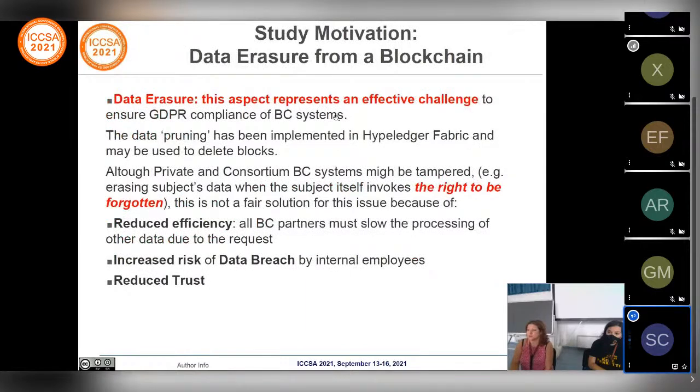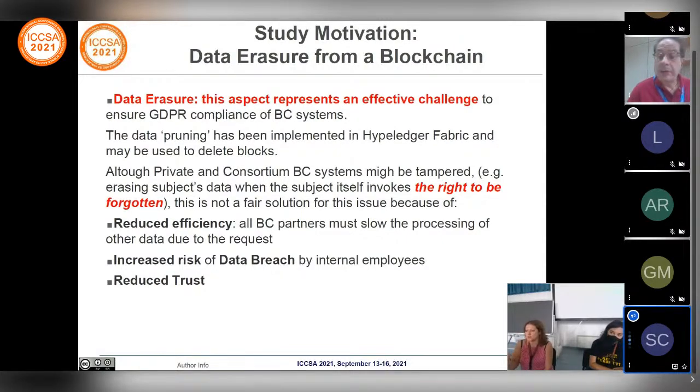Okay, so what is our motivation? The motivation of the study: data erasure from a blockchain. In fact, data erasure is an aspect that represents an effective challenge to ensure GDPR compliance of blockchain systems. In particular, we studied some mechanisms for providing a blockchain system with some advanced features for granting the right to be forgotten.